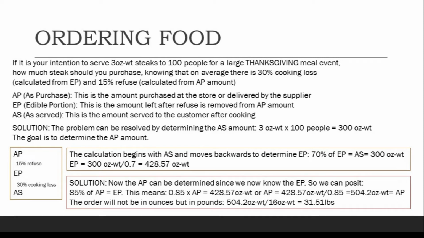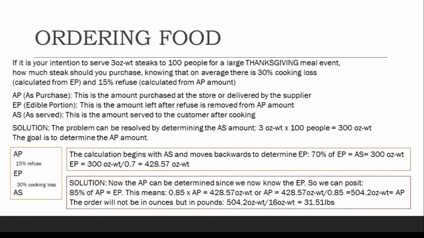Now the next problem is really ordering food, and here we have the problem of the intention to serve 3 ounces of steak to 100 people at a large Thanksgiving event. So the question really is asking you, how much steak should you purchase knowing that on average there's 30% cooking loss, that's calculated from the EP amount, and 15% refuse calculated from the AP amount.